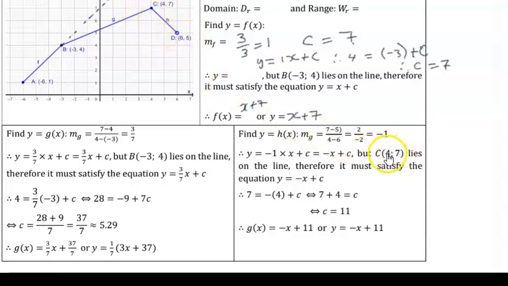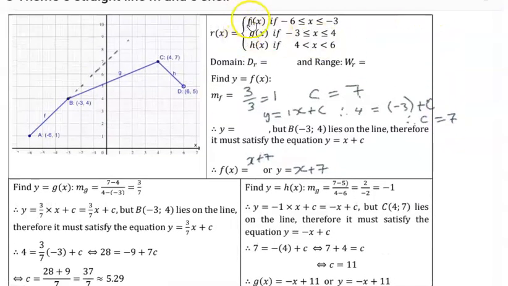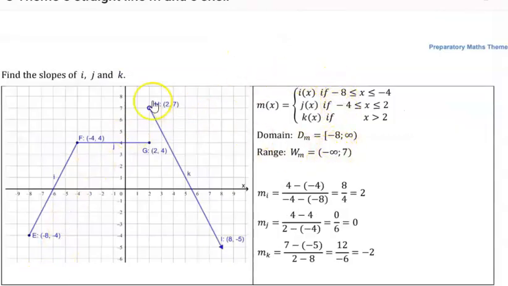I can use either of them, substitute it in the formula, calculate the value of c, plug it back into the formula g of x equal to mx plus c, and then I have my formula for this r of x, and I can replace the f of x with the formulas that I calculated for f of x, g of x, h of x.